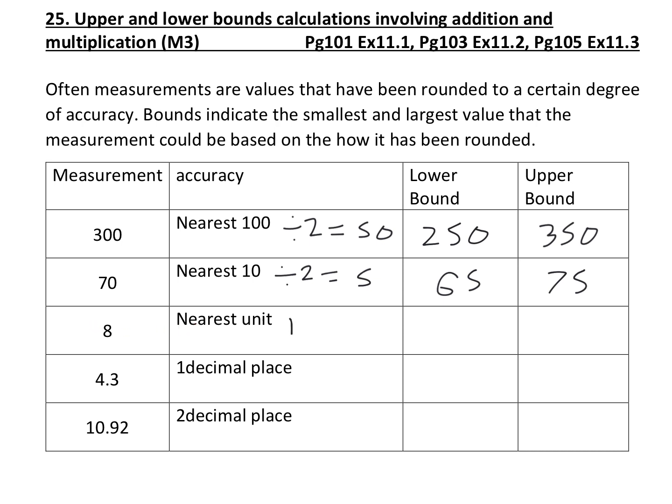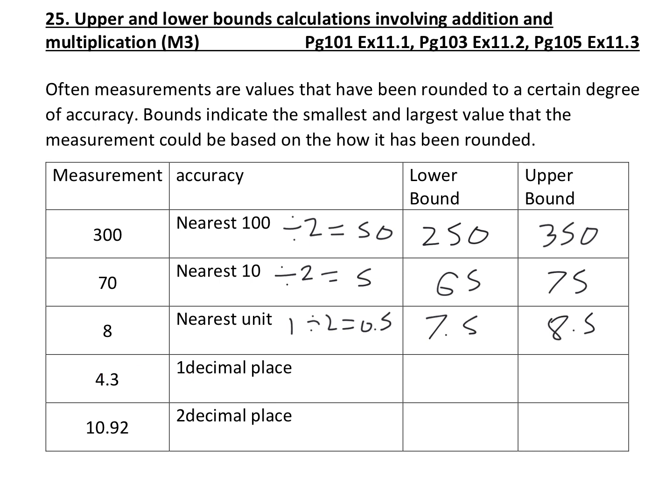The nearest unit, that's the nearest whole number, or 1. If I half that, I get 0.5. And then if I go half below 8, I get 7.5. And a half above 8 is 8.5. So anything between 7.5 and 8.5 rounds to 8.